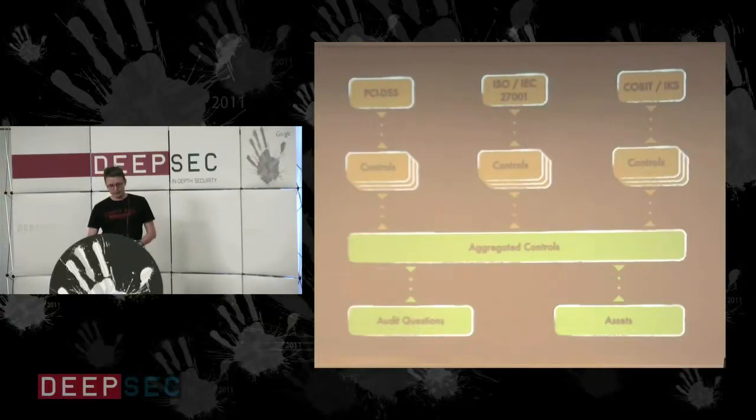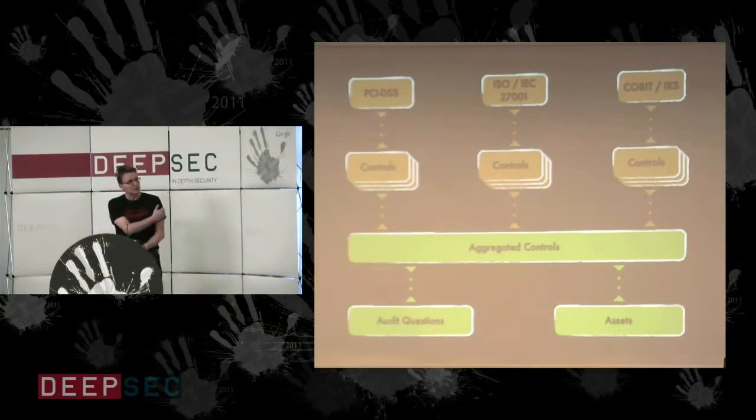And the audit questions are just one-to-one mappings to the controls, so every control has a question to it, like, do you log, as an example, or do you write logs? And we also mapped the controls to assets, which means if you take the asset web server, you can, with a simple query, look up which controls are relevant for that asset.